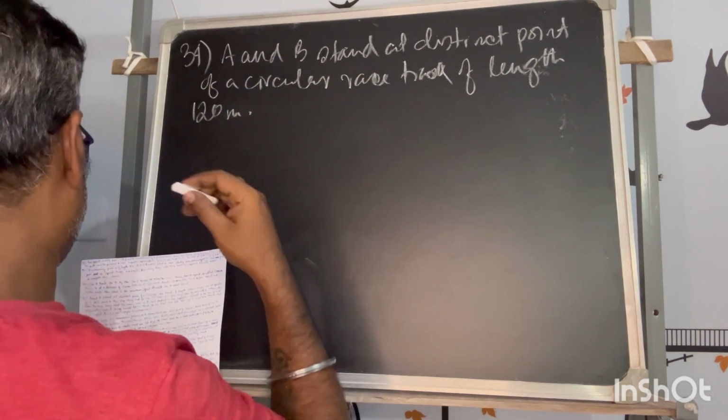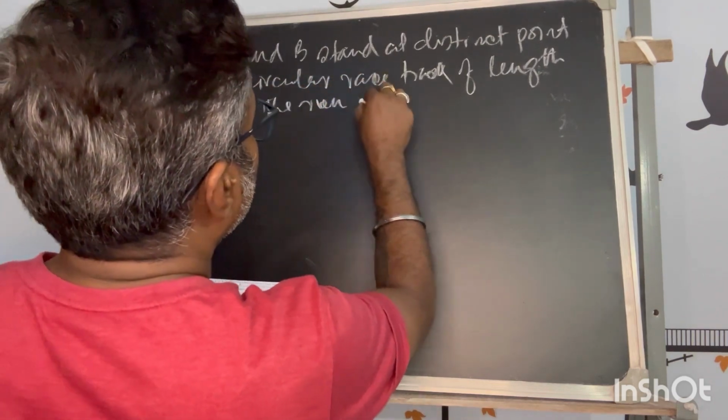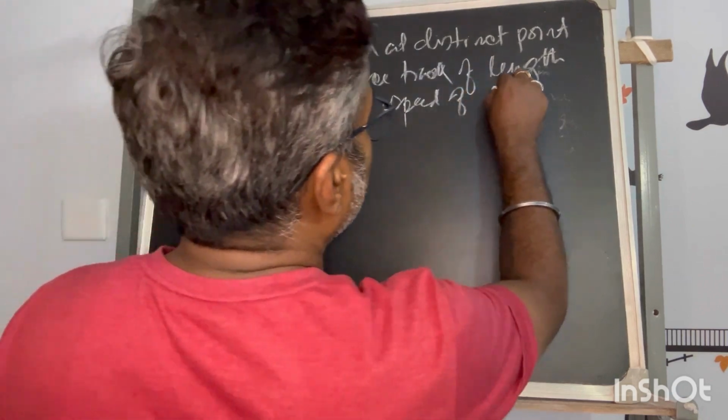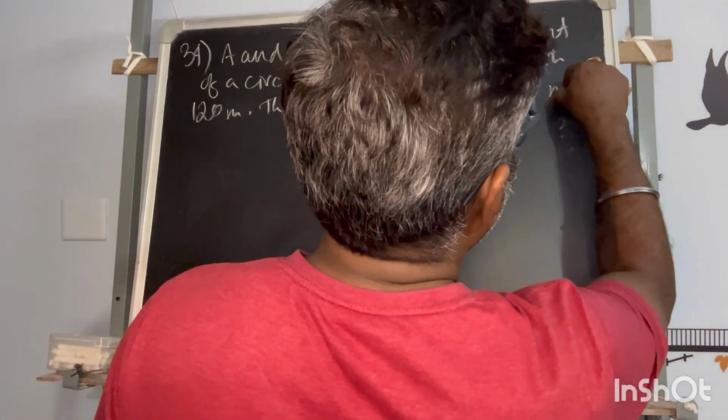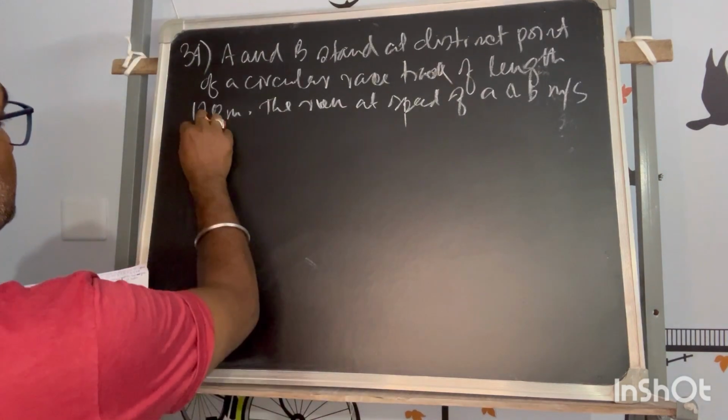They run at speeds of A and B meter per second, respectively.